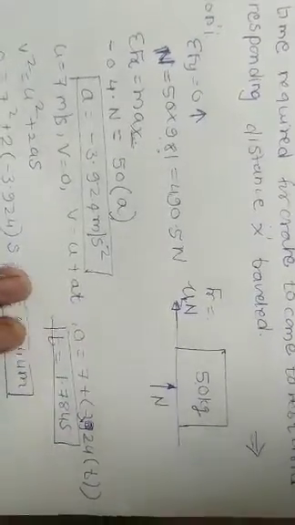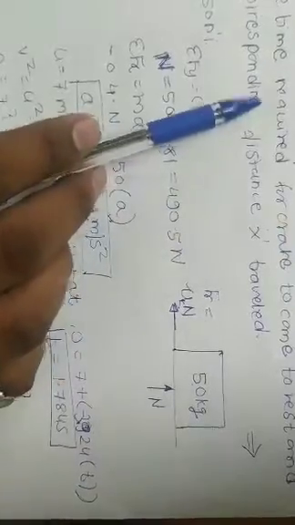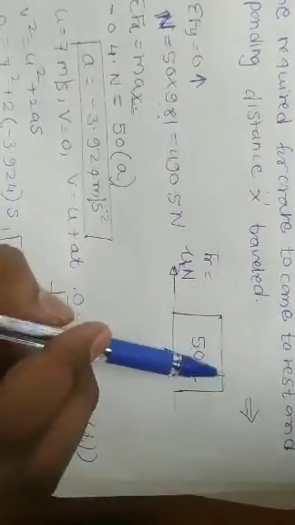Now they ask to calculate the time and the distance x traveled, so we'll find the time. We know the initial velocity is given as 7 meter per second, and the block comes to rest, which is mentioned in the problem, so the final velocity is 0. v is equal to u plus at, therefore t is equal to 1.78 seconds.